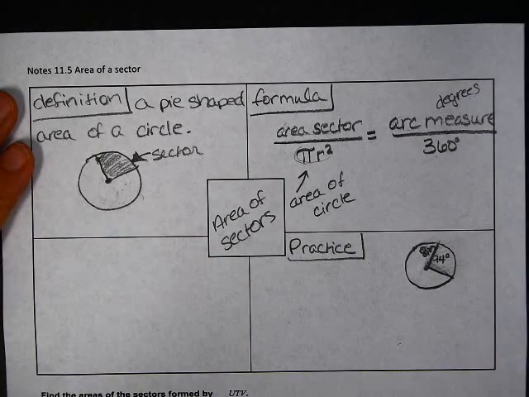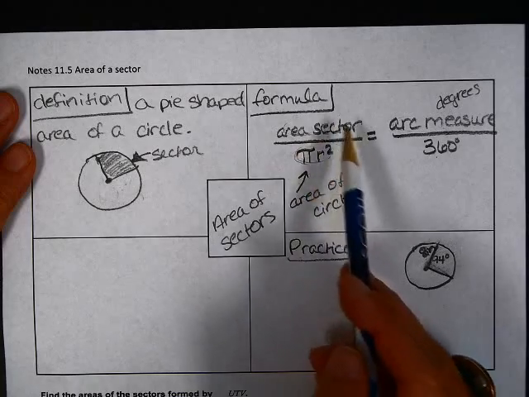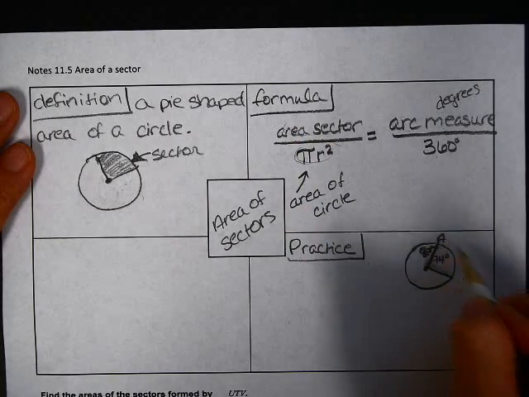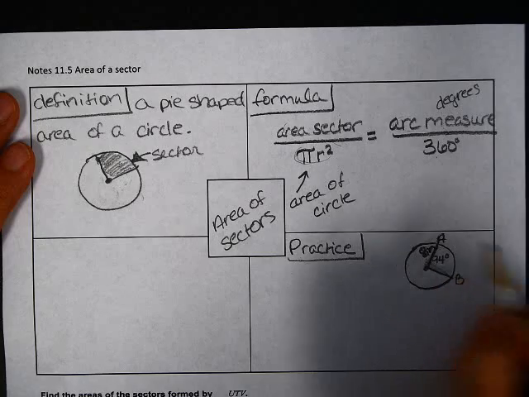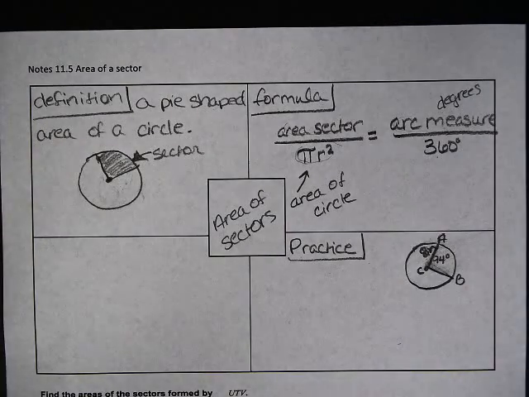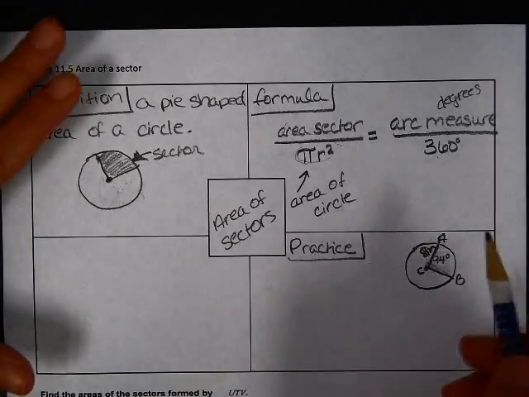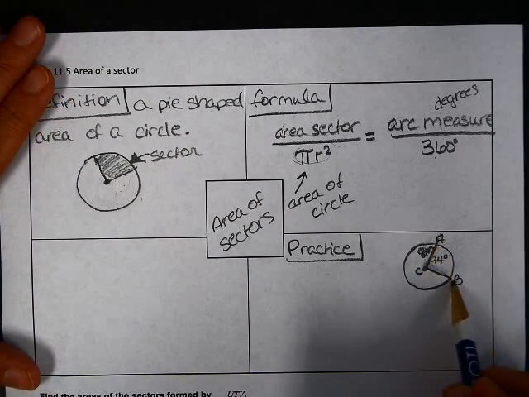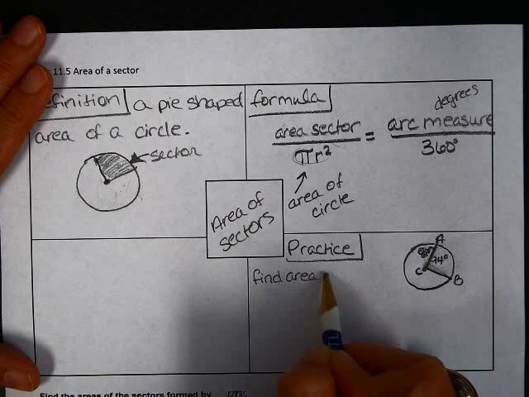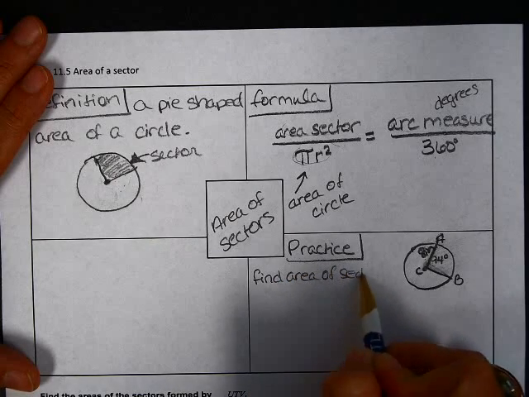All right, so we're going to use this setup right here. We'll label A, B, and we'll call this C here. So we're going to find the area of the sector formed by angle ACB.